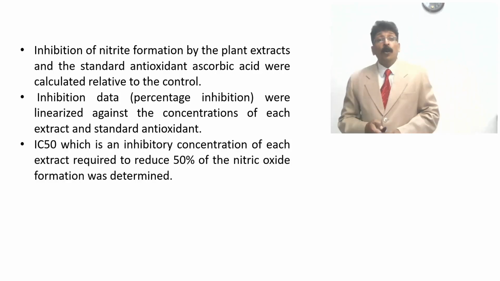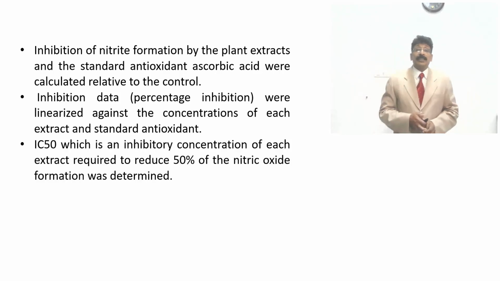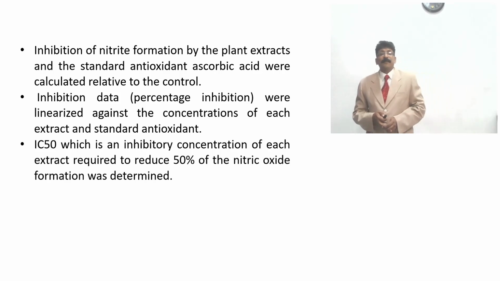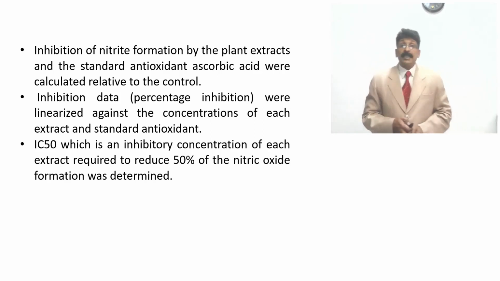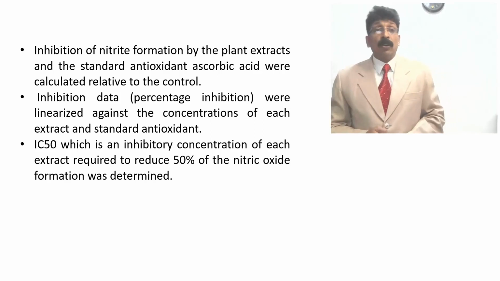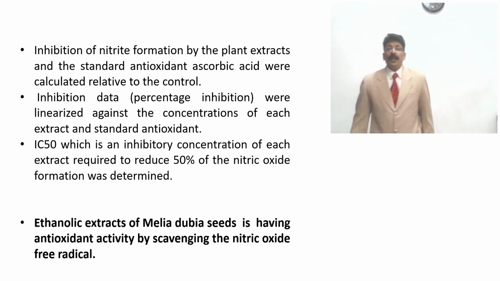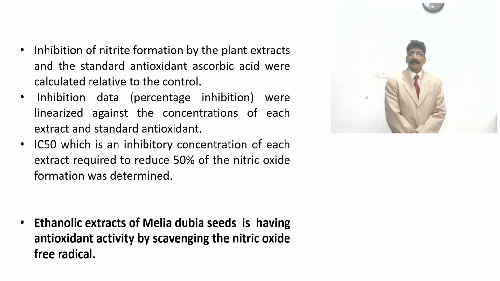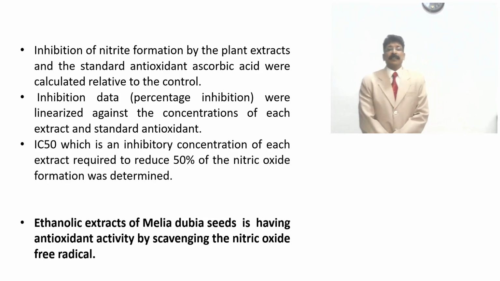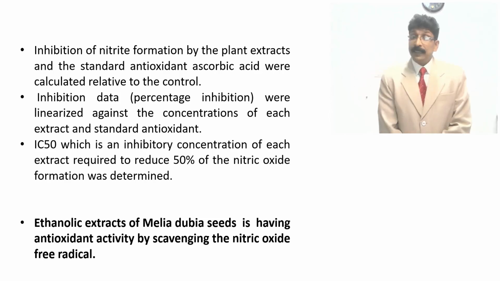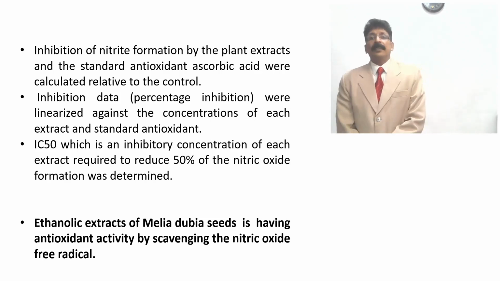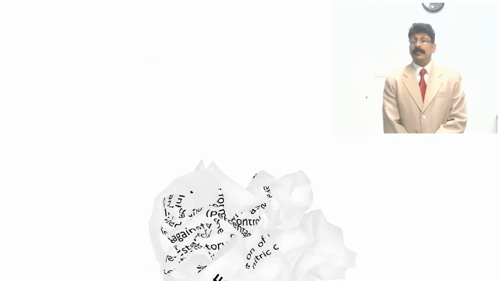IC50, which is the inhibitory concentration of each extract to reduce 50% of nitric oxide formation, was determined. The ethanolic extract of Melia dubia seeds has antioxidant activity by scavenging the nitric oxide free radical. This is the interesting experiment.